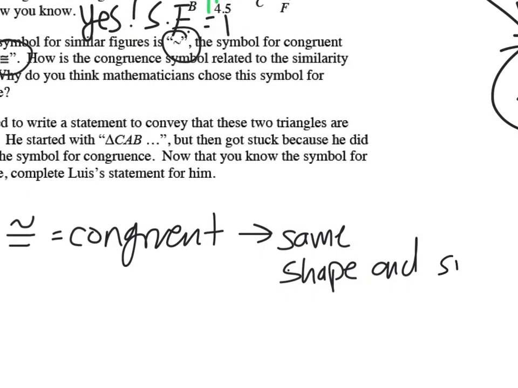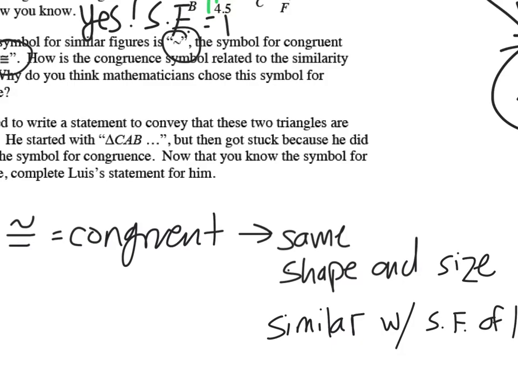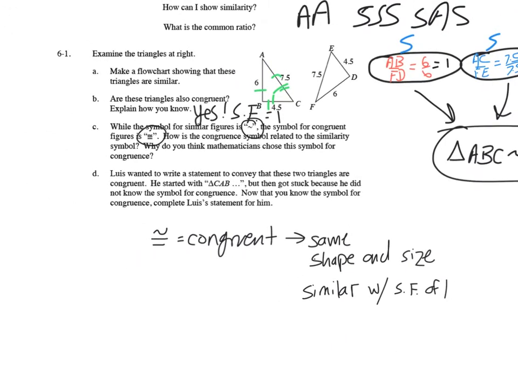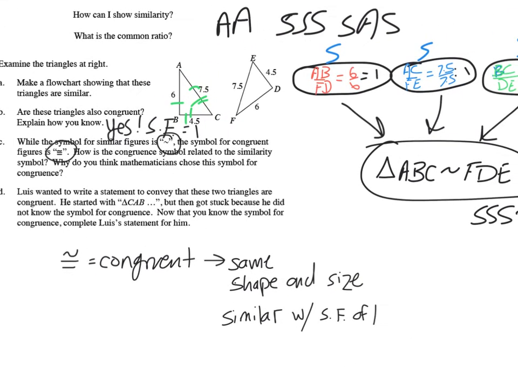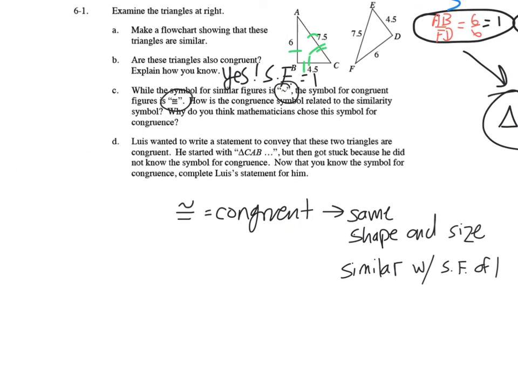And so essentially, how does that relate to similarity? Essentially, they are figures that are similar with a scale factor of 1. So if you have two shapes that are similar, as we showed up above, they have a scale factor of 1 with one another.